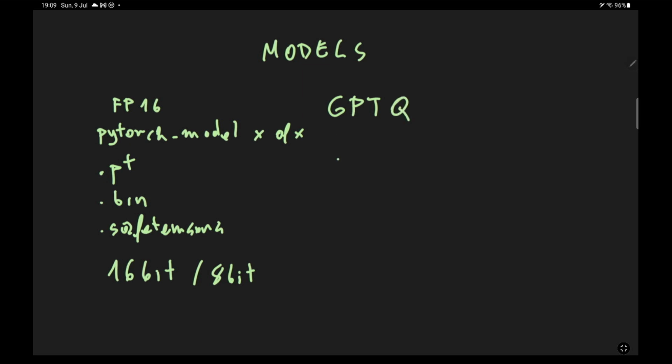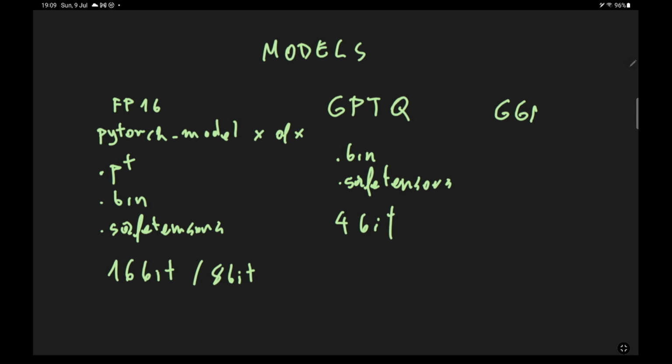They usually have the same .bin or .safetensors extension, but they need to be loaded with a separate library such as GPTQ for Llama, AutoGPTQ, or ExLLaMa. I will show you how to run them in FastChat as well, which uses the GPTQ for Llama library. At the end, I will also show how to run the model in ExLLaMa to show speed comparison and touch on a few caveats with this approach.